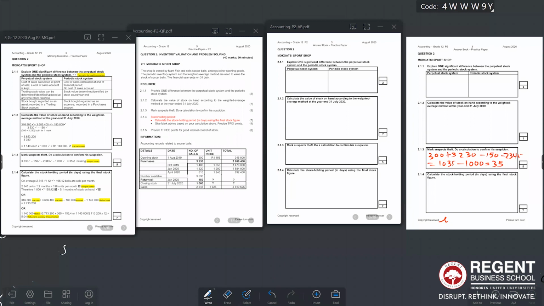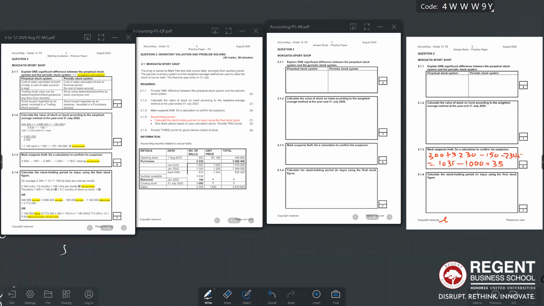Now, you all know the formula: average stock over cost of sales times 365, and you'll get your answer in days. But this question told you quite clearly, calculate the stock holding period in days using the final stock figure.